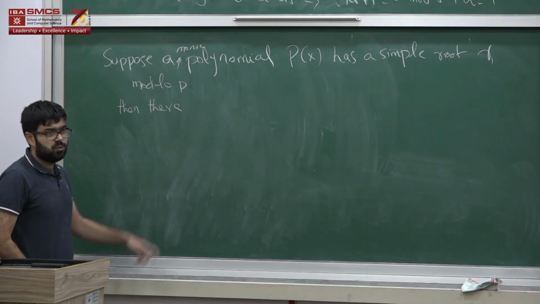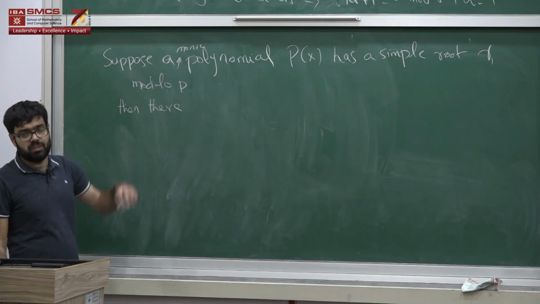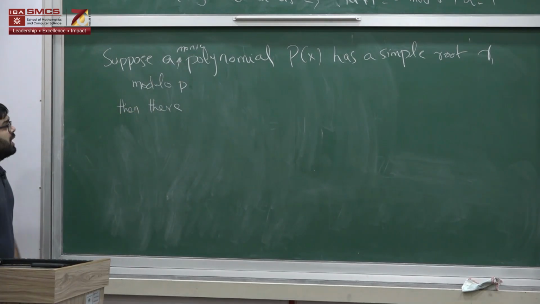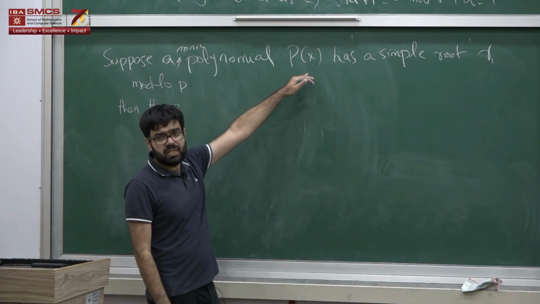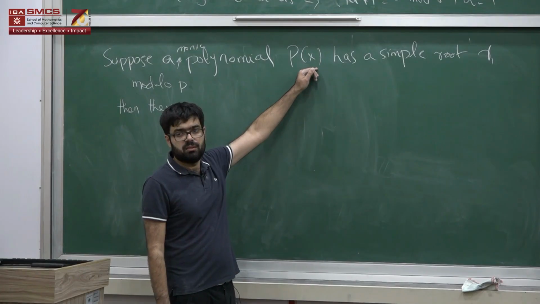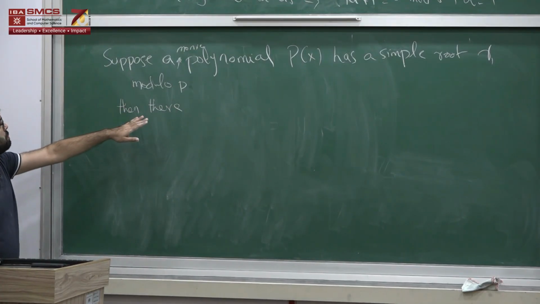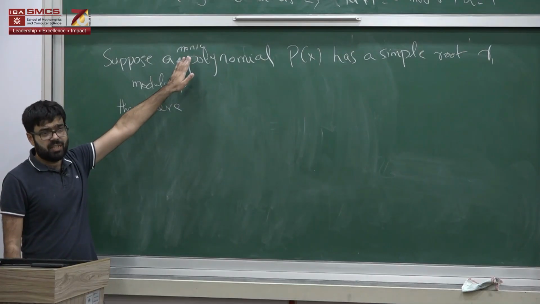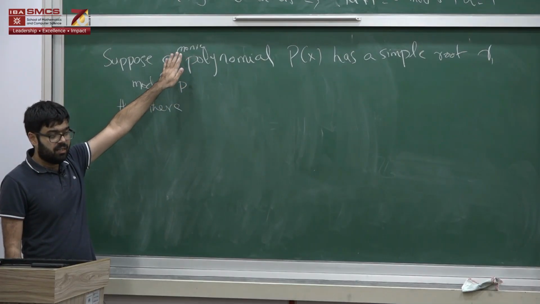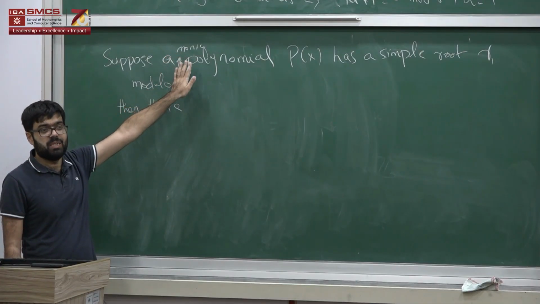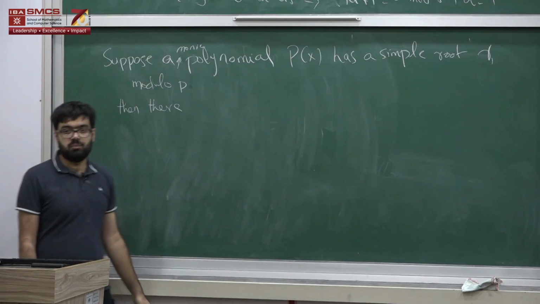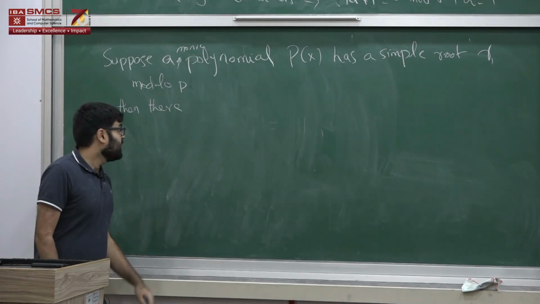This is not too important, but it is somewhat important. This is a polynomial with p-adic coefficients, general p-adic coefficients, but I want it to be monic. It is not too important unless the first coefficient is p, then it causes some problems, but we will take it to be monic.